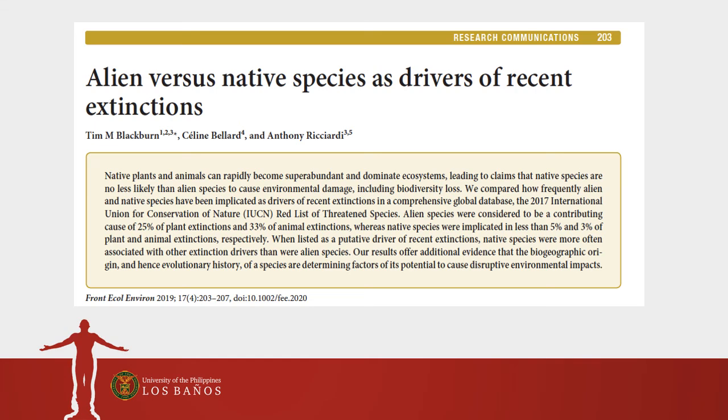In the study of Blackburn et al. 2019, they found that alien species were considered to be a contributing cause of 25% of plant extinctions and 33% of animal extinctions. Of the 935 total recent extinctions, 261 of 782 animal species, or 33.4%, and 39 of 153 plant species, or 25.5%, had aliens listed as one of the extinction drivers.